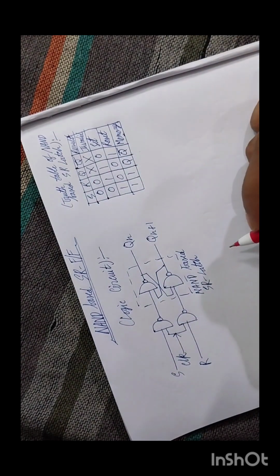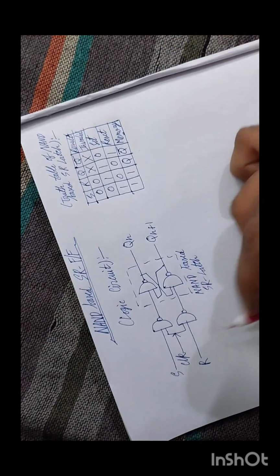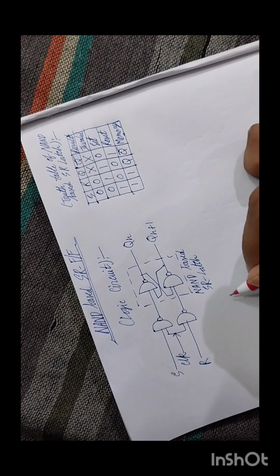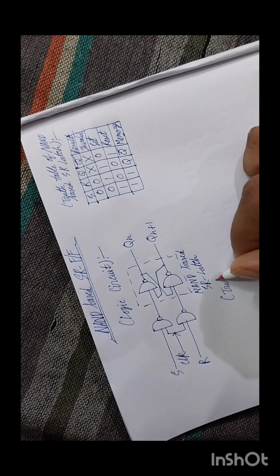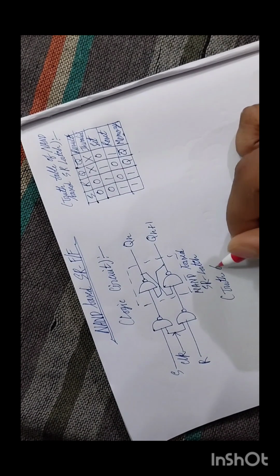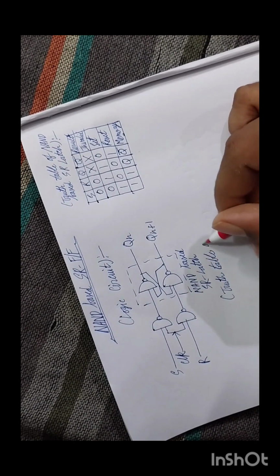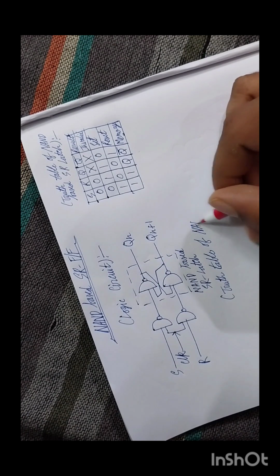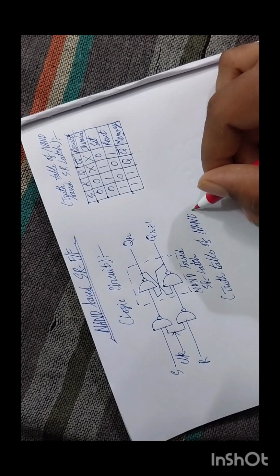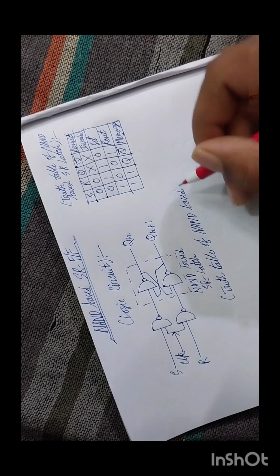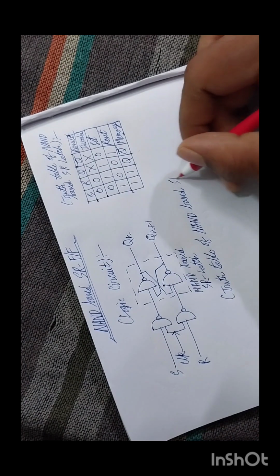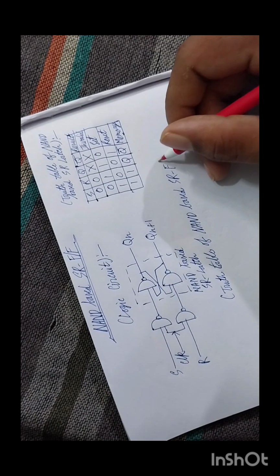So the circuit should be like this, and now we have to draw the truth table of NAND based SR flip flop.